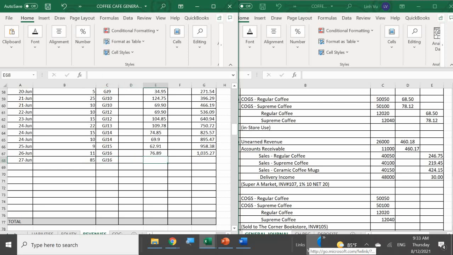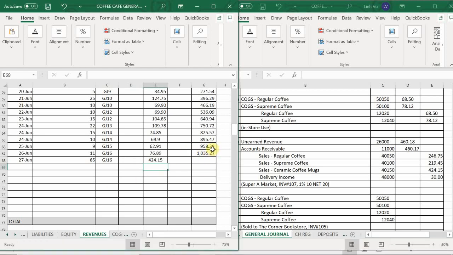And the amount is $424.15, for a grand total of $1459.42. Good.